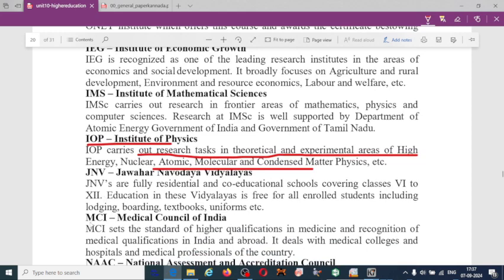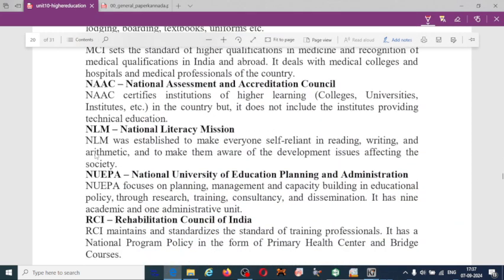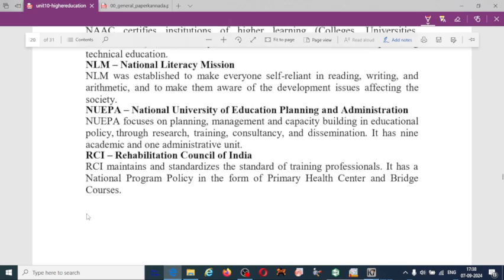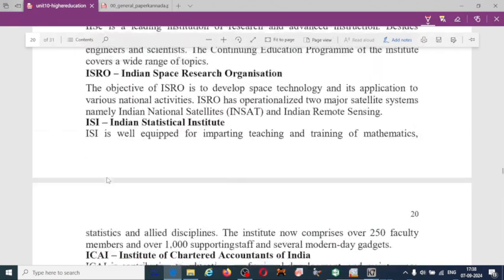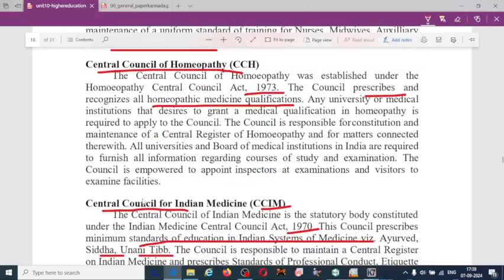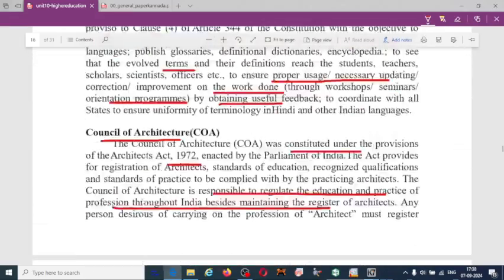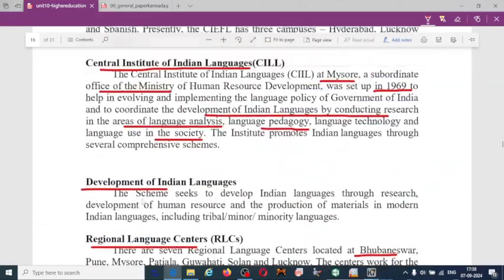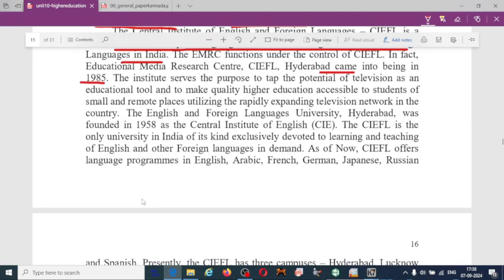JNU, MCI, NAC, NLM, NUPA, RCI, these all are the important higher education bodies in India other than the mentioned NAC, NBA, CSIR, or UGC.